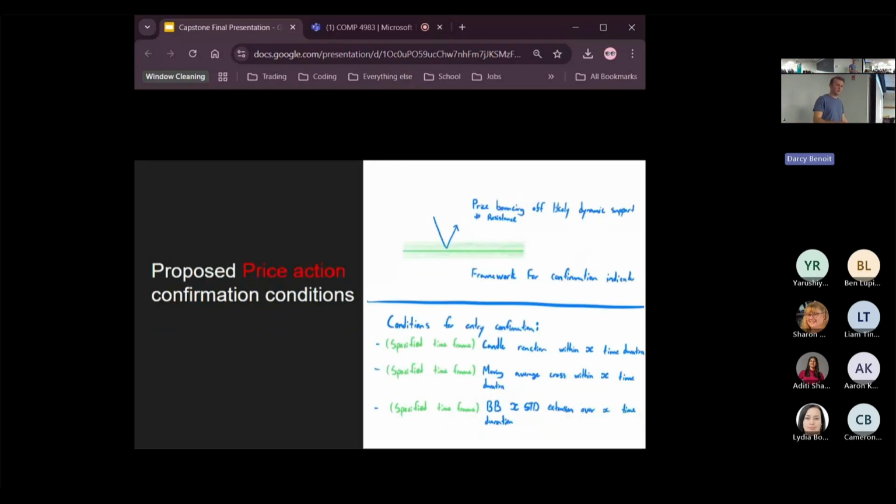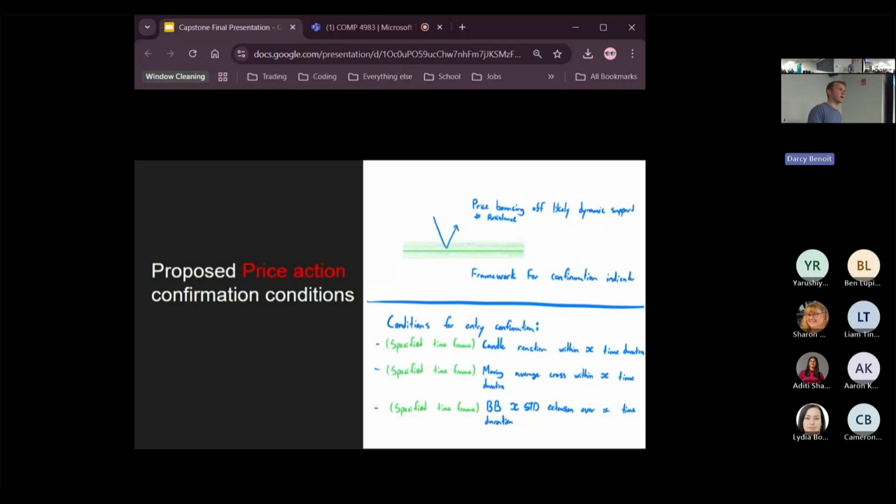So these were the proposed price action conditions. These were things that I was brainstorming and looking to implement, which changed a little bit. Candle reaction within X duration. So if there's a candlestick reaction within like 10 minutes at this level, then there would be a valid price action reaction here.